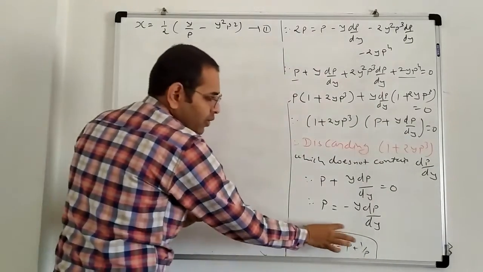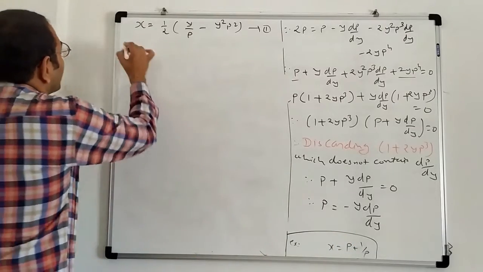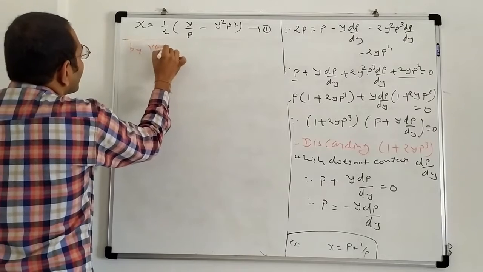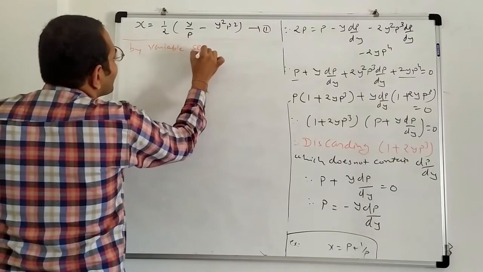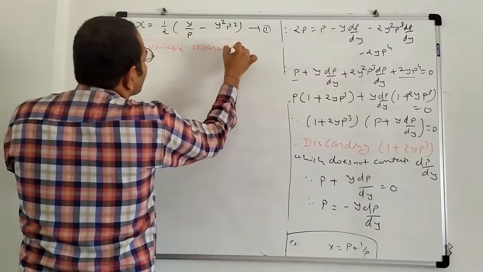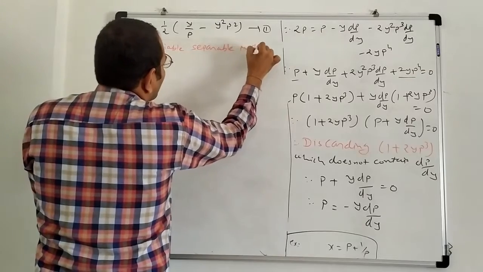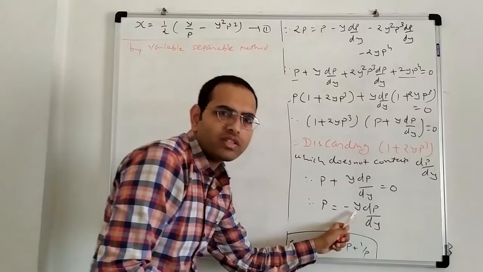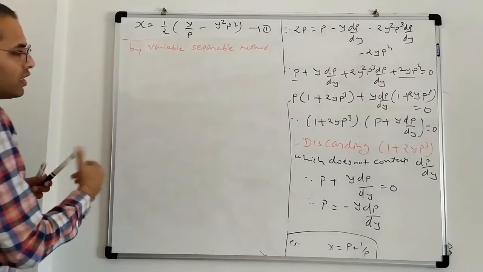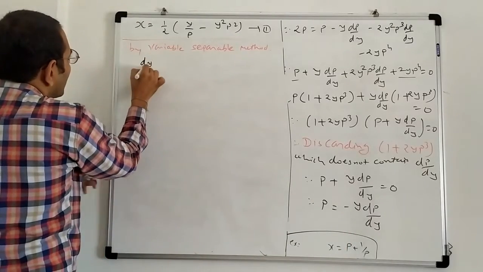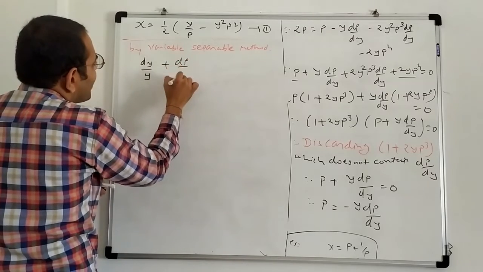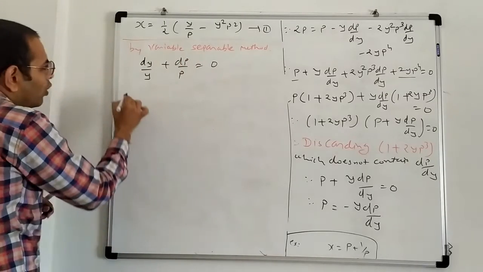With the help of the variable separable method, we find the solution of this differential equation. Meaning dy by y plus dp by p equal to 0.